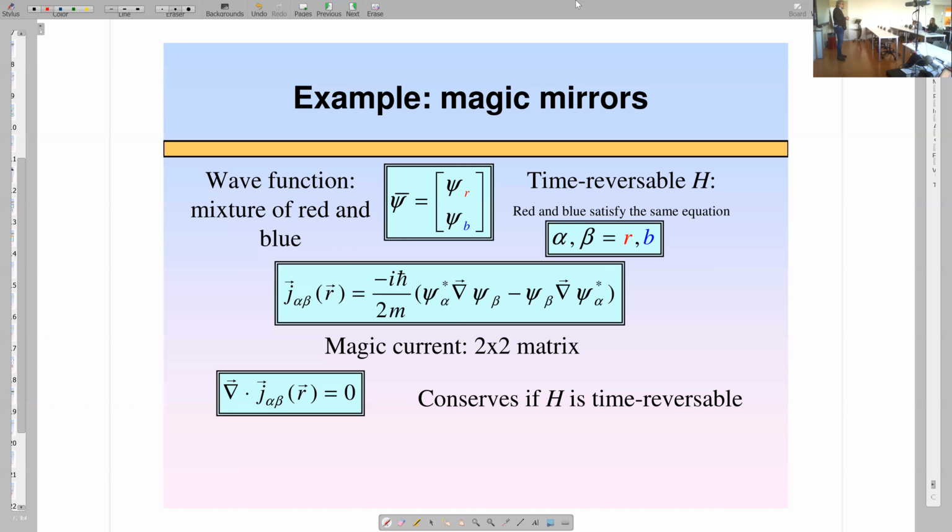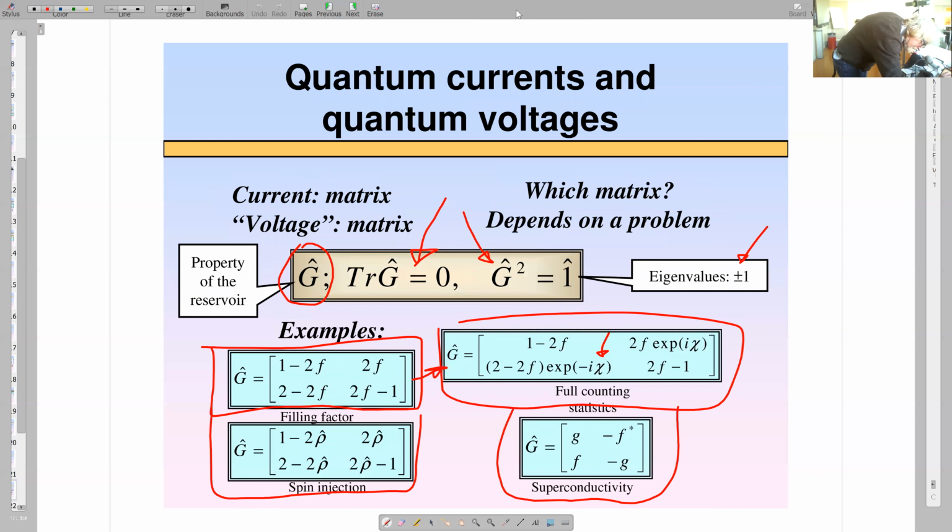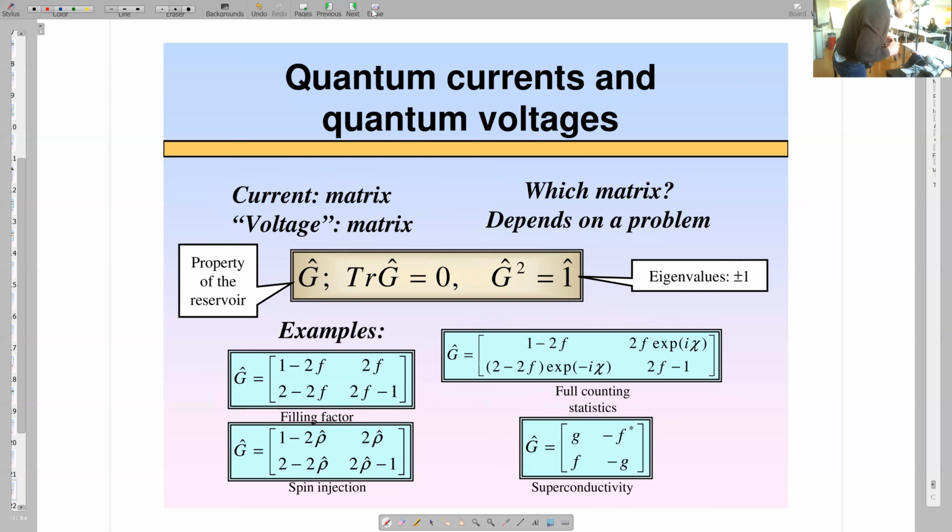What I will outline now is a template of such a theory. We have introduced matrix currents, and the counterpart of these matrix currents are going to be matrix voltages.